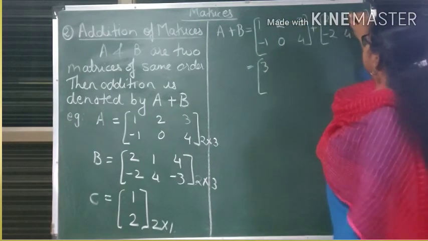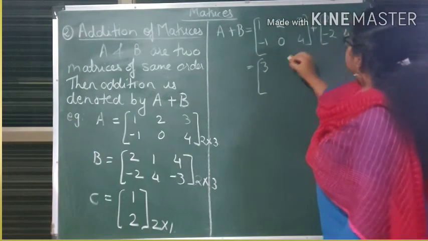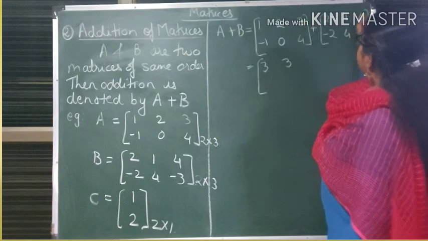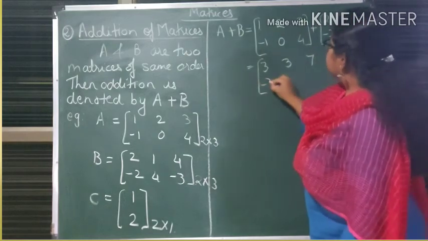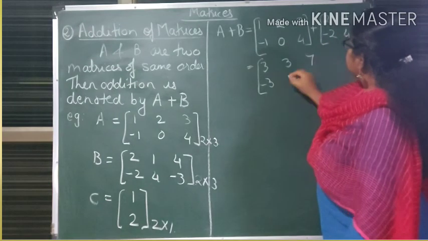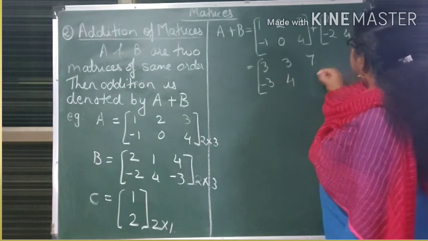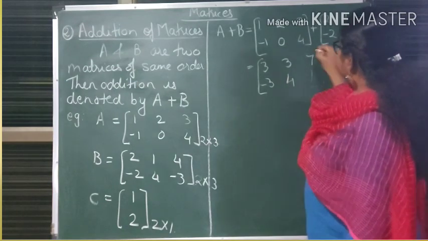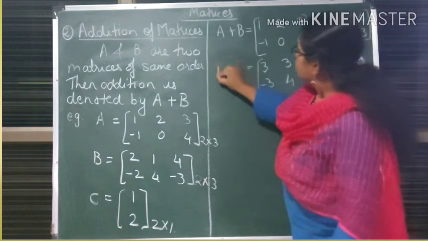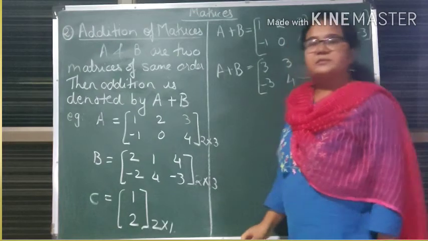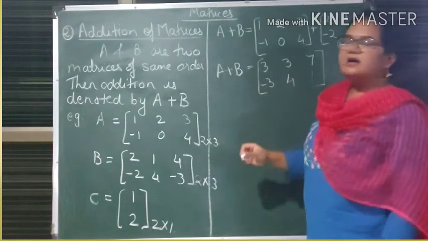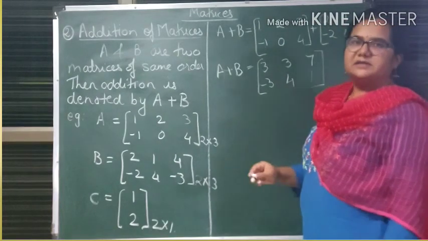A12 element will get added to B12. 2 plus 1 is 3. Then 3 plus 4, 7. Minus 1 minus 2 is minus 3, 0 plus 4 is 4 and 4 minus 3 is 1. Yes, so this is your A plus B.